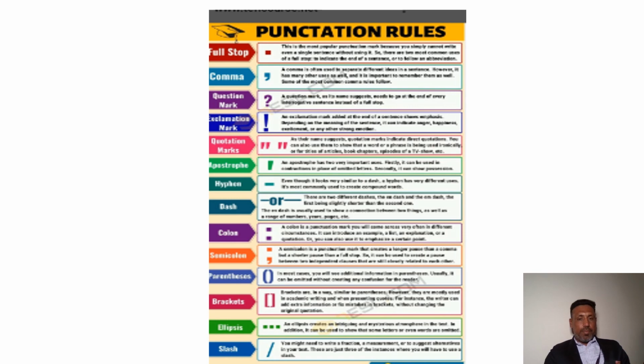Exclamation mark. Yes, one more very common punctuation mark is exclamation mark. Quotation marks, also known as inverted commas.